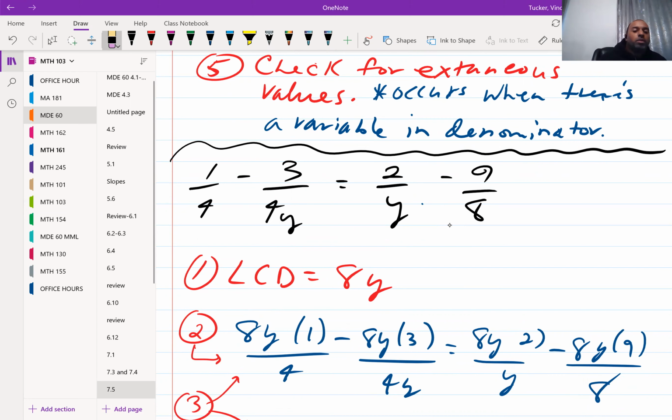All right, so step 2 is to multiply each numerator by the LCD. So we multiply each numerator by 8y.